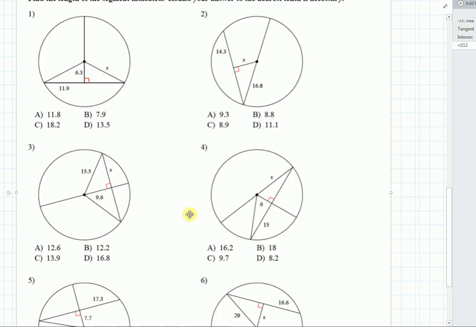Okay, these ones are a little bit different, but they're still related. So we've now got our sides. We've got 14.3 and this side is now 14.3. We want to find the distance of that chord from the centre point. Well, we've got a right angle triangle, so we can use Pythagoras.